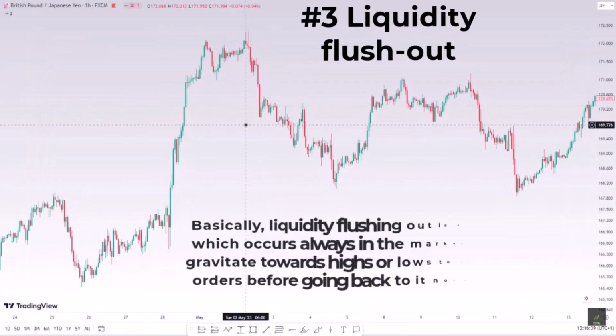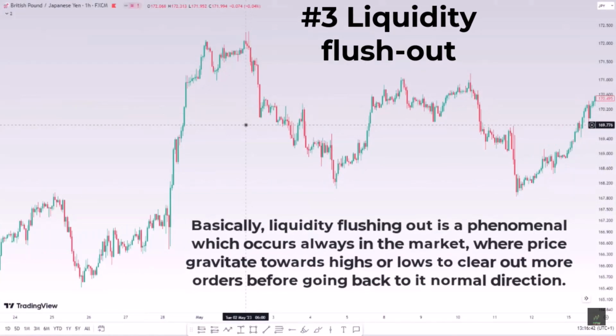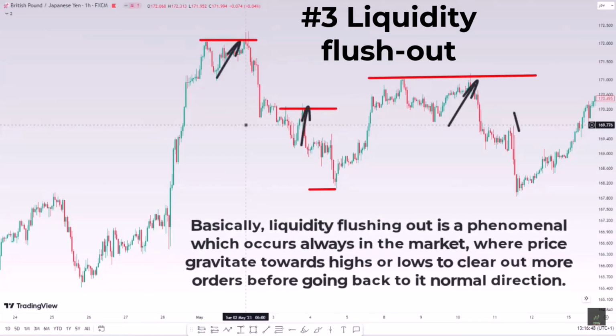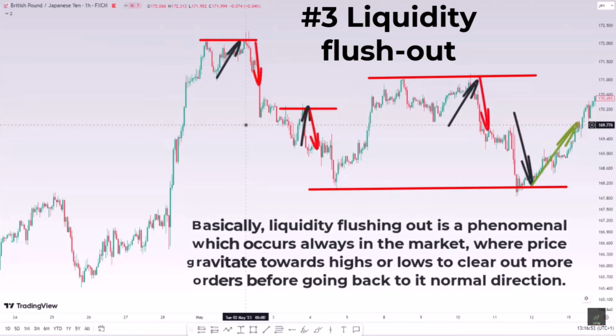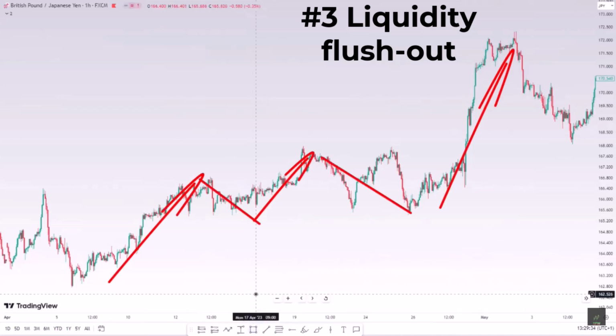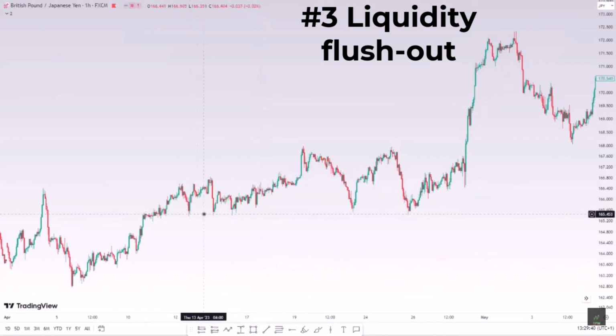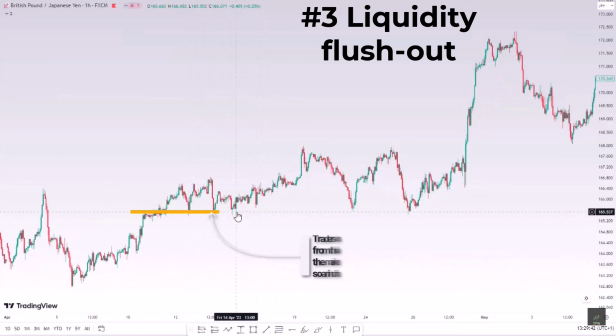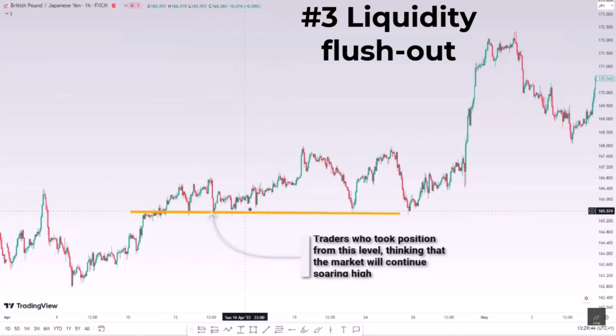Basically, liquidity flushing out is a phenomenon which always occurs in the market, where price gravitates towards highs or lows to clear out more orders before going back to its normal direction. In an uptrending market where price continues to create higher highs and higher lows, you will notice at one point, traders took positions from this level, thinking that the market will continue showing highs.